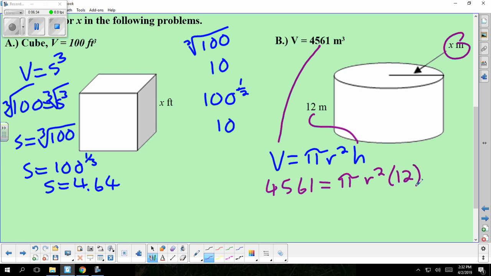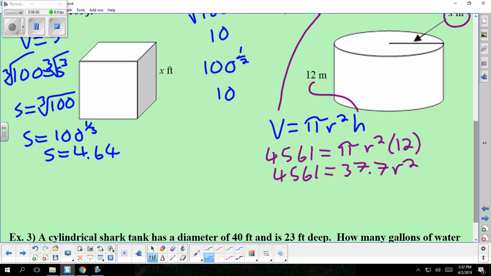So I'm going to multiply the 12 times pi, and I get 4,561 equals 37.7 r squared. From here, you can divide both sides by 37.7, and I get r squared equals 121.